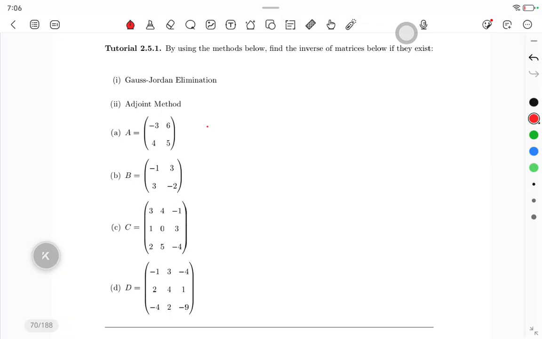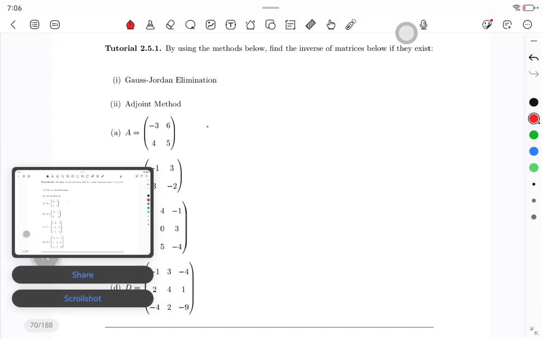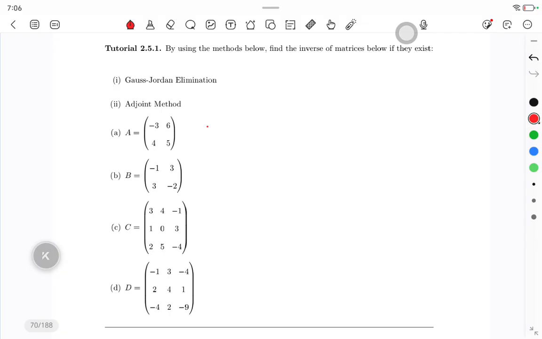I'll send this in the group. You'll go find the inverses, and I'll check them tomorrow in class. So you must find the inverses. Tomorrow we'll be meeting at J0010.